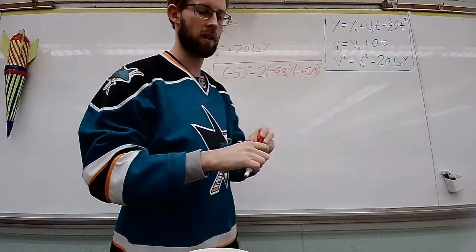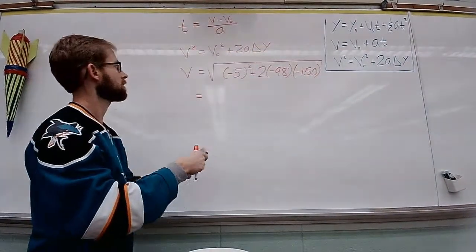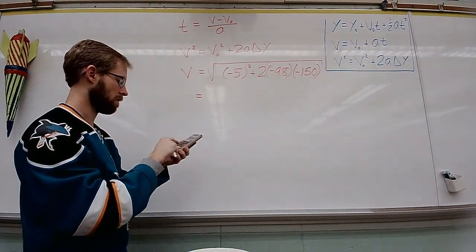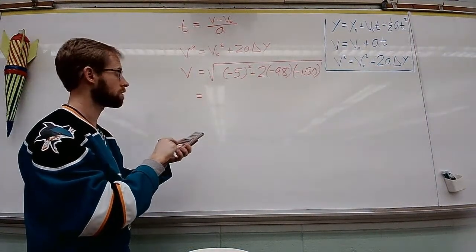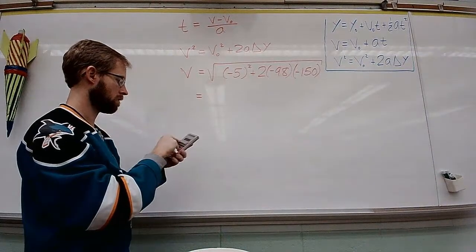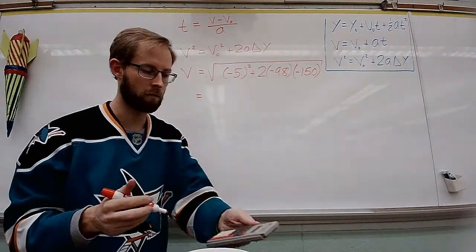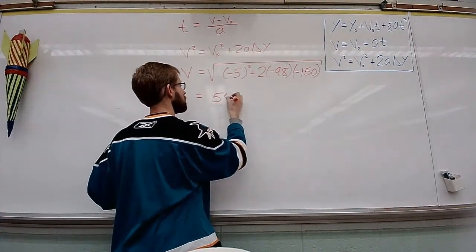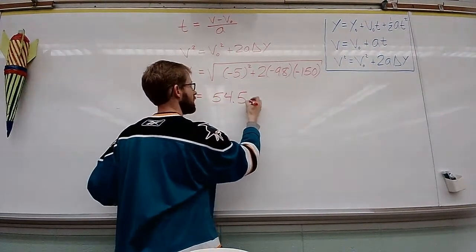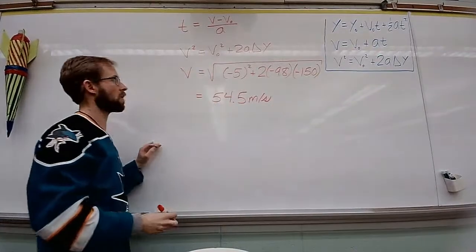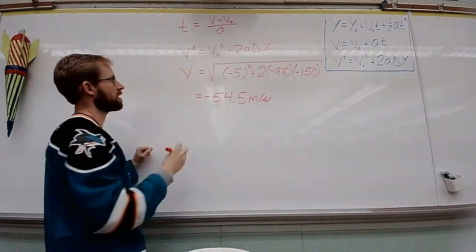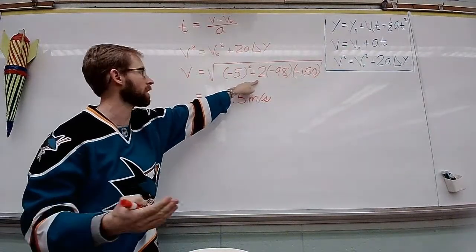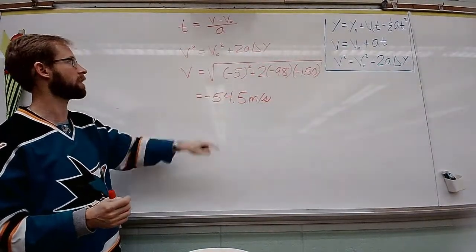And if you plug that into your calculator, let's see what happens. So I'm getting 54.5. And because I'm going down, I'm going to set it equal to negative. Because remember, when we take the square root, the result can be positive or negative. You can pick. And because we're going down, I'm setting it equal to negative.